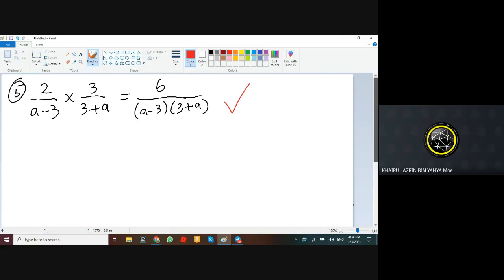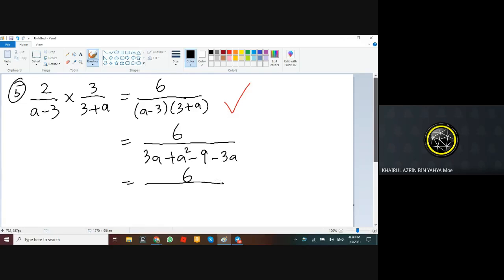But sometimes in exam, you can expand the denominator. So if you expand, A times 3 is 3A, A times A is A square, minus 3 times 3 is 9, and then minus 3 times A is 3A.